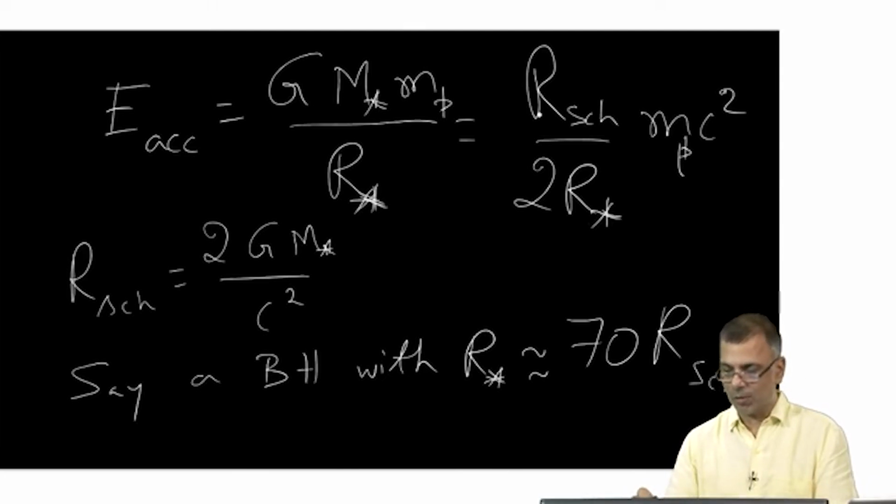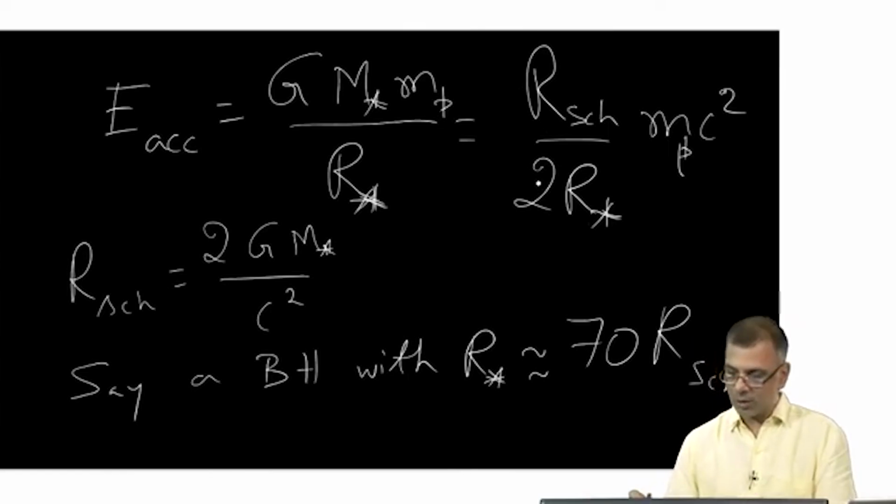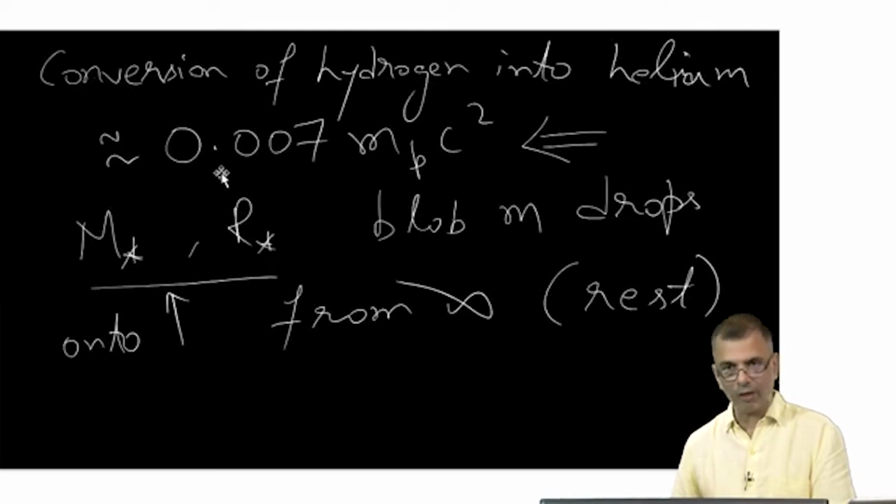So this would become essentially 1 over 140, say 1 over 100, right? So if it's 1 over 100, this is something like 0.01. So compare this 0.01 with 0.007. It's already more efficient than a nuclear conversion of hydrogen into helium.